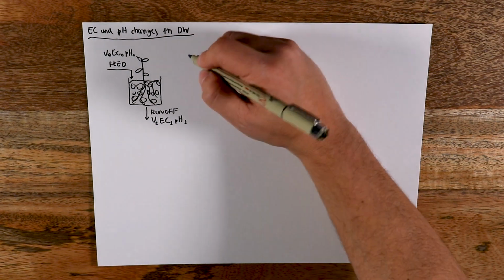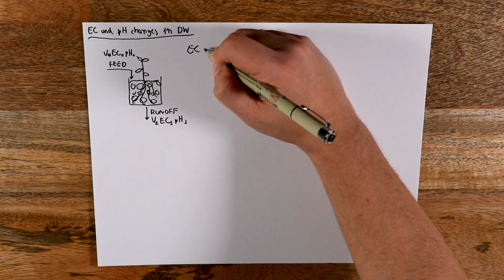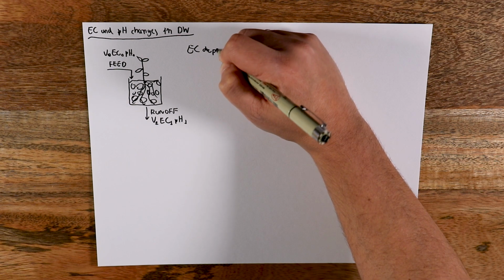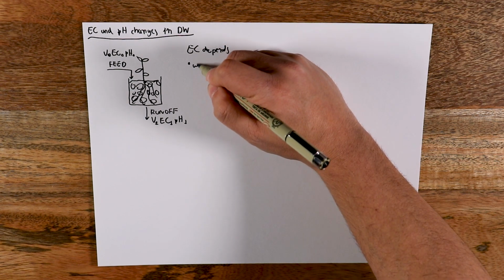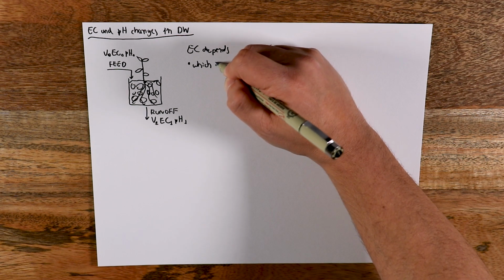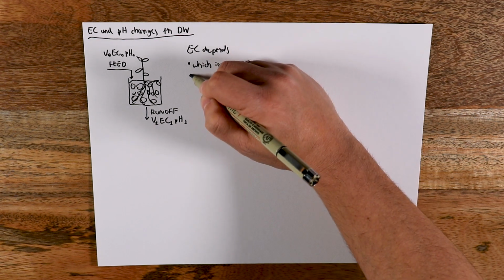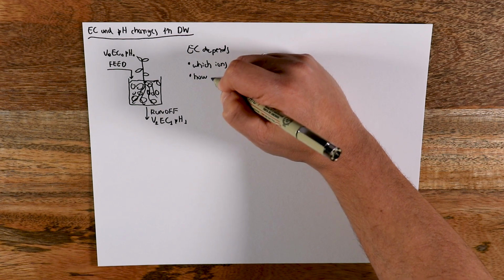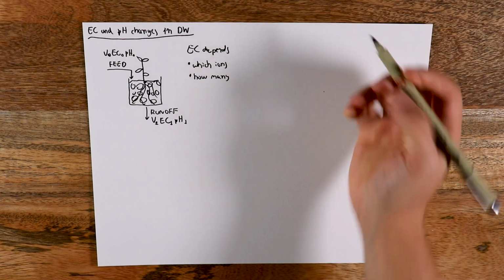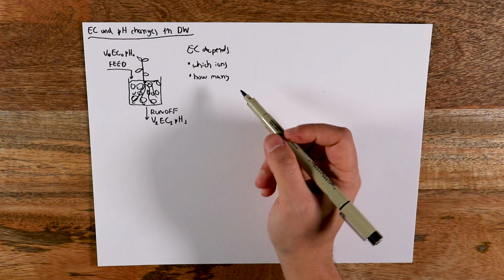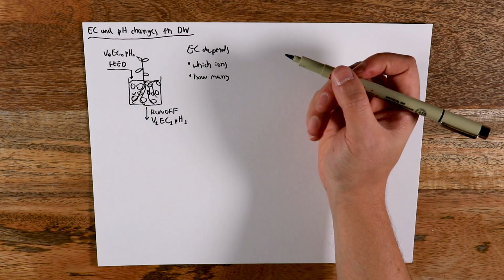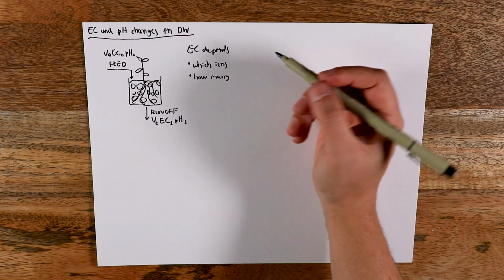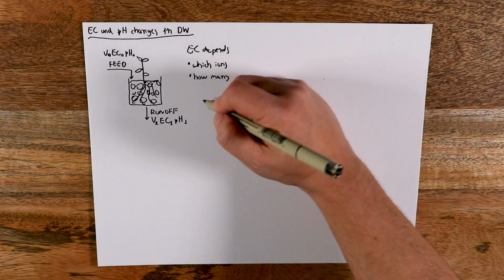That's our question. So let's remember what the EC depends on. If you saw my video on conductivity, you might remember that the EC depends on which ions we have in solution and how many. So any change in the EC will be either a change in which ions we have, in how many ions we have, or in how much water we have. So how many ions per volume of water we have.